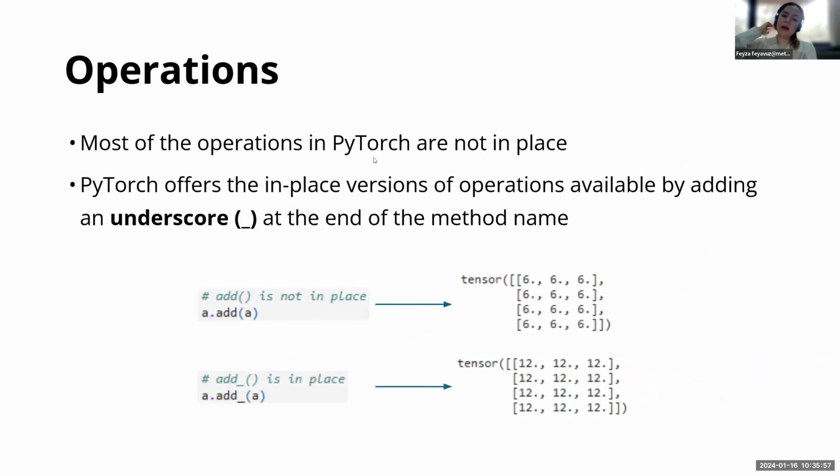So if we want to update the value of A, we have to write A equals torch.cat of A, A, A to have the updated values. And PyTorch offers in-place versions of operations by adding an underscore. So if we use, for example, add, multiplication or subtraction with an underscore, now we do not have to write A equals A.add to have the updated values. This will make the update itself. And this is an important one.